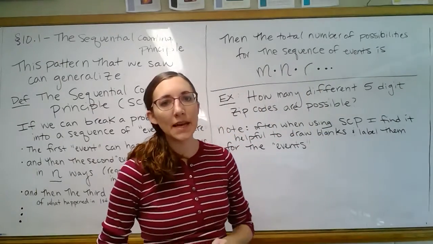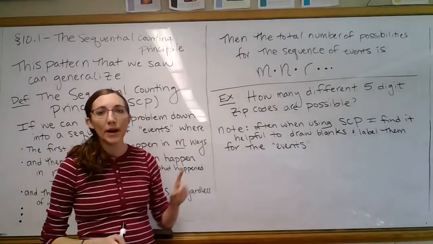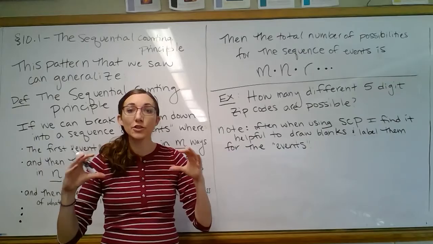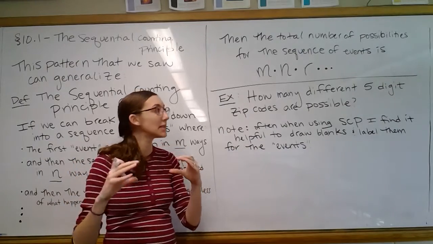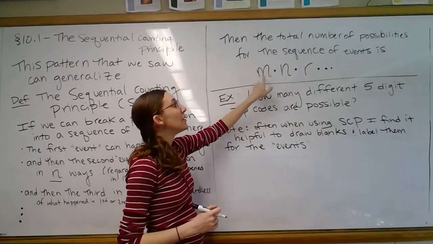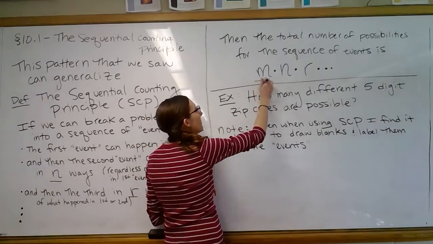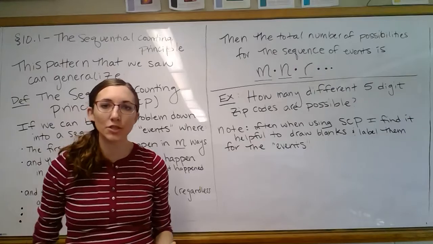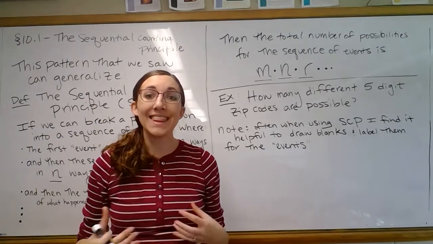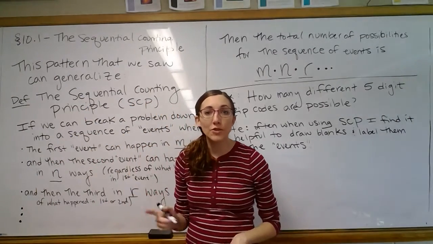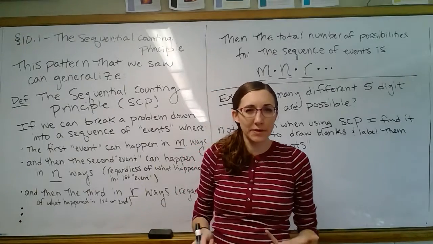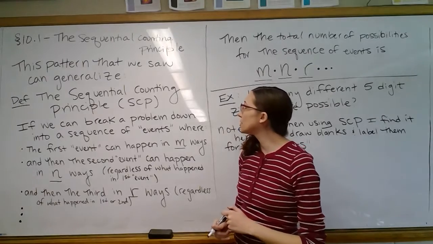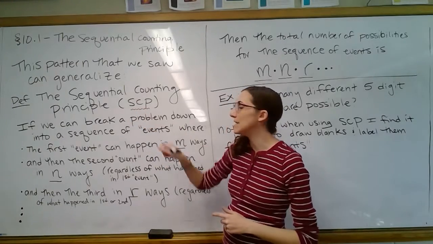Then the pattern says the total number of possibilities for this sequence of events, for this original problem that we broke down into the sequence, is the multiplication of them. So M times N times R, and if there was more, we would just keep multiplying them together. This is the sequential counting principle, or sometimes I call it the general sequential counting principle, or just abbreviate it SCP.